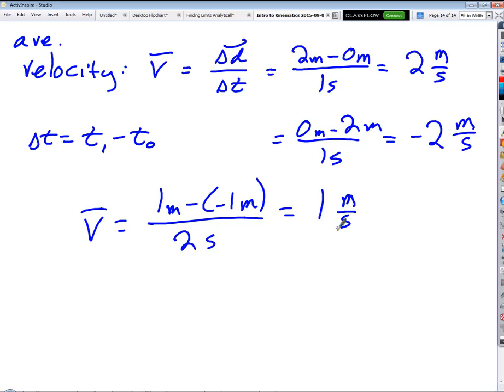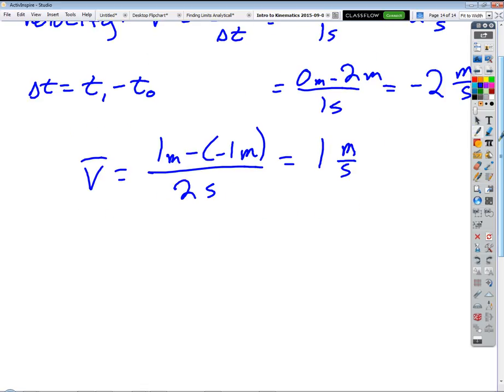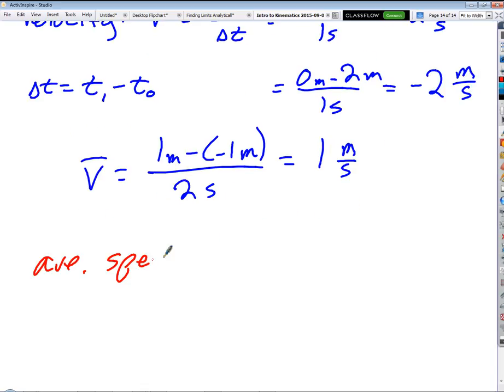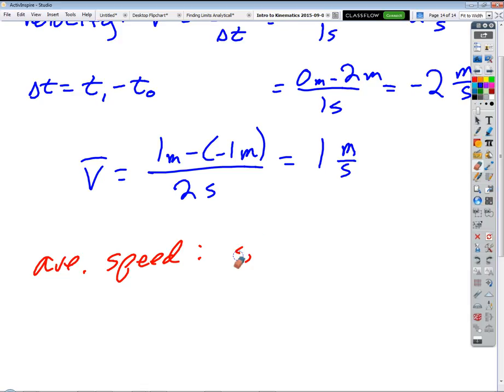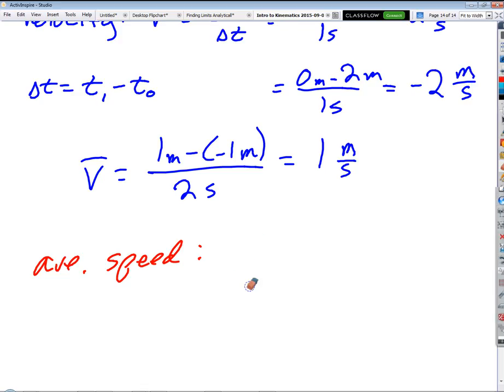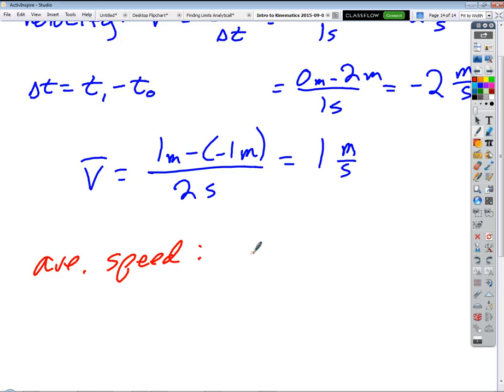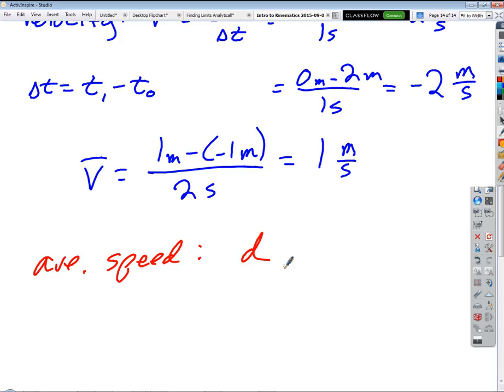You get that? So we've got average velocity is displacement over time. Compare that to average speed, which we'll call D, but without the vector hat. So it's like the non-vector version of displacement.